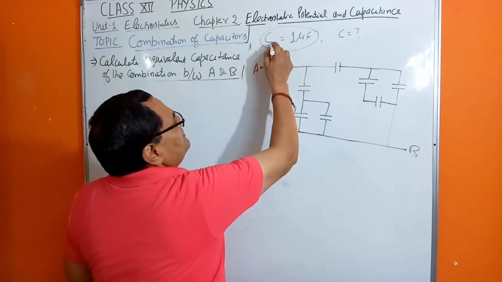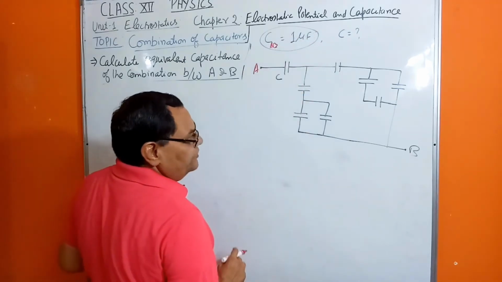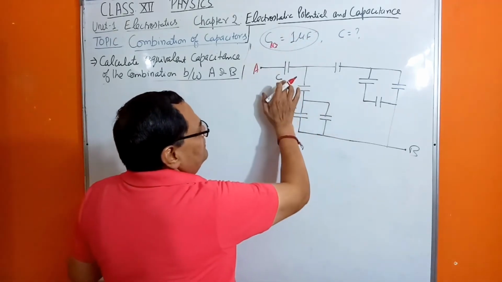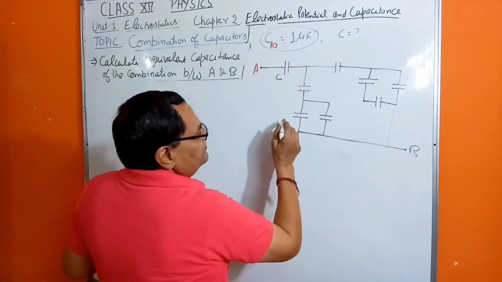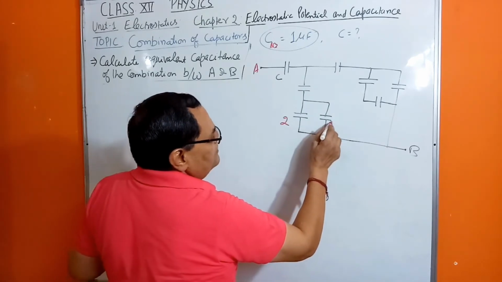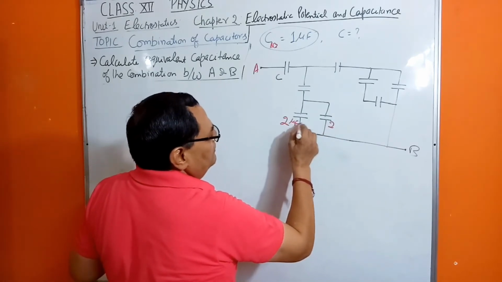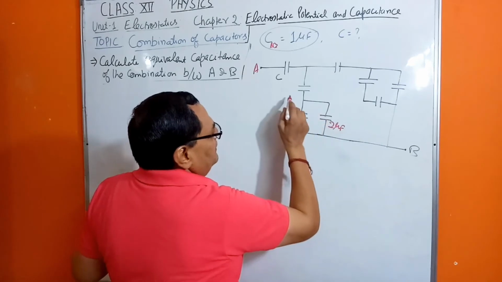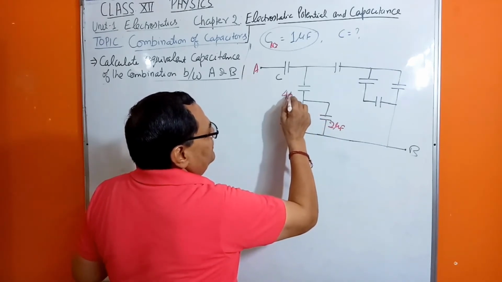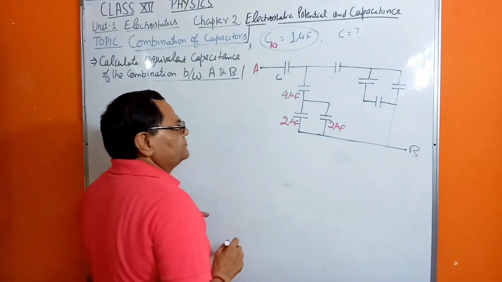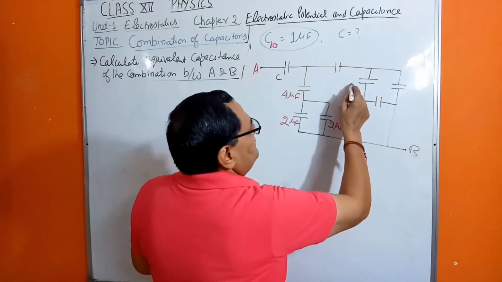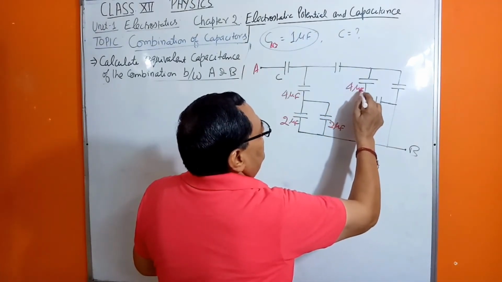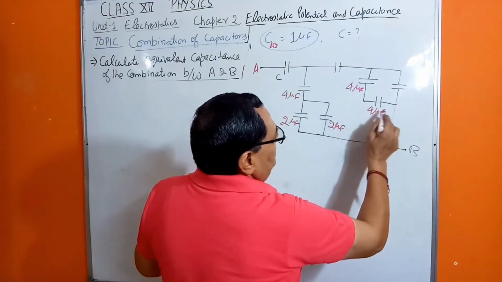That is C_AB is equal to 1 microfarad. And this is unknown, C1, right? So let's say this is 2, this is also 2 microfarad. All are in microfarads. Let's say this is 4 microfarad, and this is again 4 microfarad.